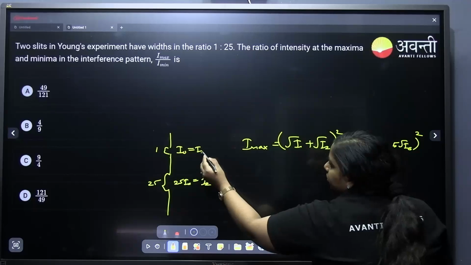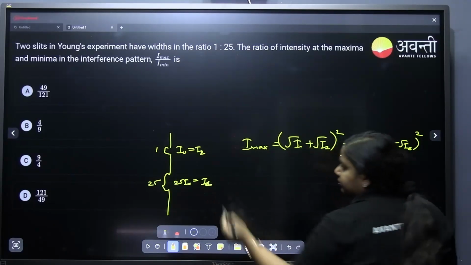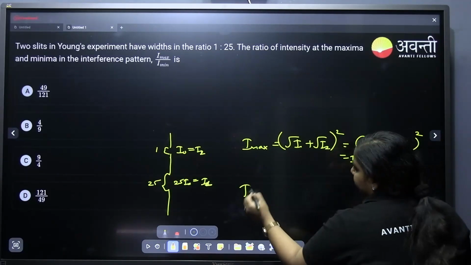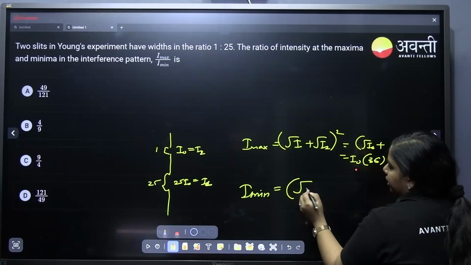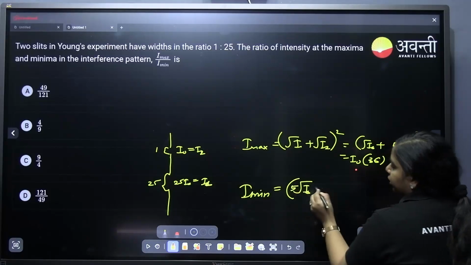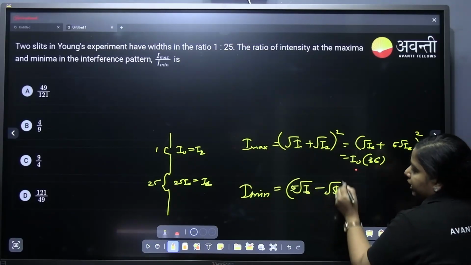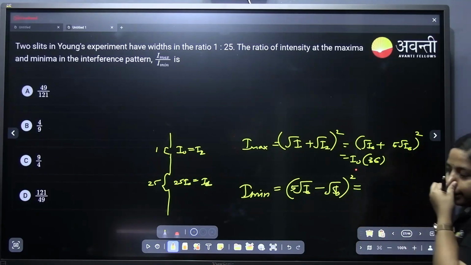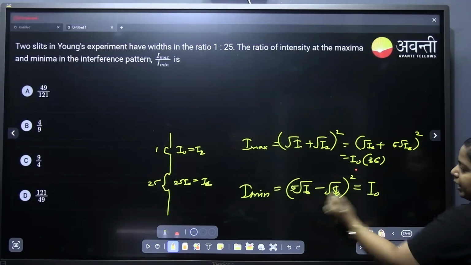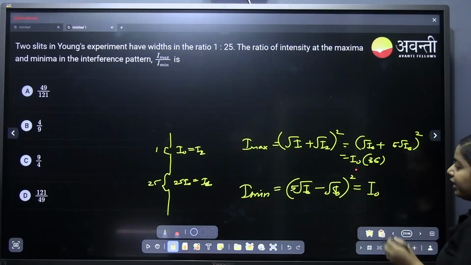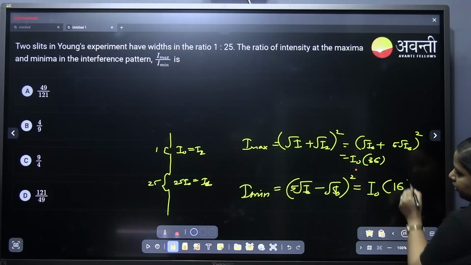Similarly, I minimum you want to find. This is I2, this is I1. For finding I minimum, it will be root 5 I naught minus root I naught, the whole square. This you will get as I naught into 5 minus 1, 4. 4 square is 16.